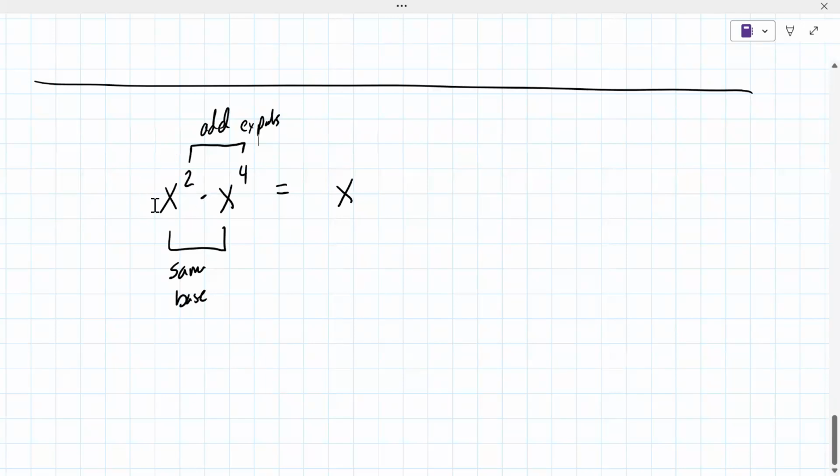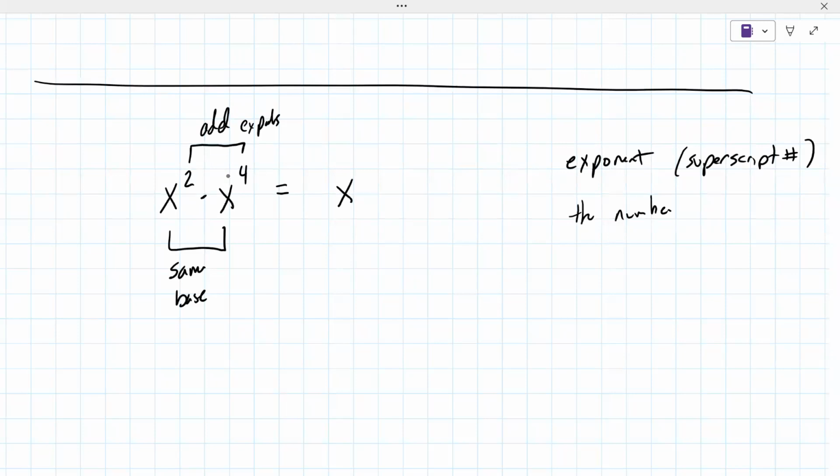What are the exponents in this problem? Thinking about 2 and 4. The exponent, the superscript number, what are the only numbers that you see? Oh, 2 and 4. Okay, those are the exponents. This becomes x to the sixth.